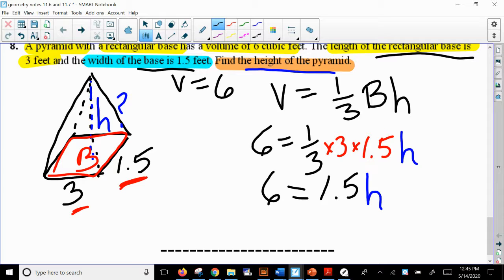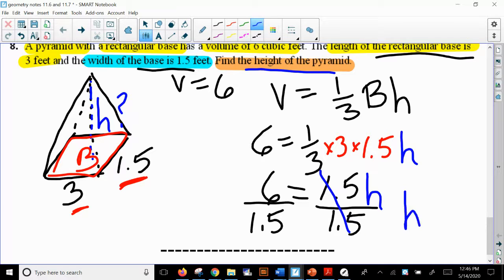How do I get h by itself? I have to divide by whatever is in front of my variable. So I'll divide both sides by 1.5. I throw that in the calc, and 6 divided by 1.5, you should have 4. So that's what I have for h.